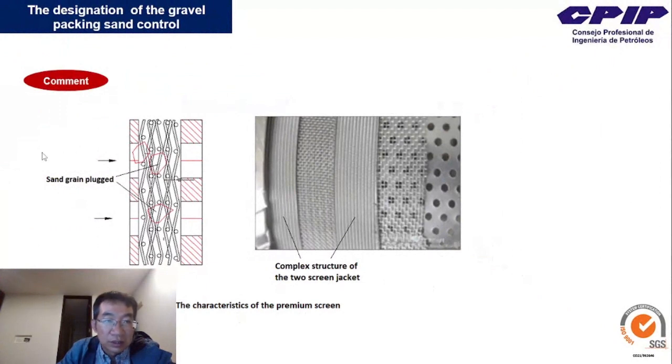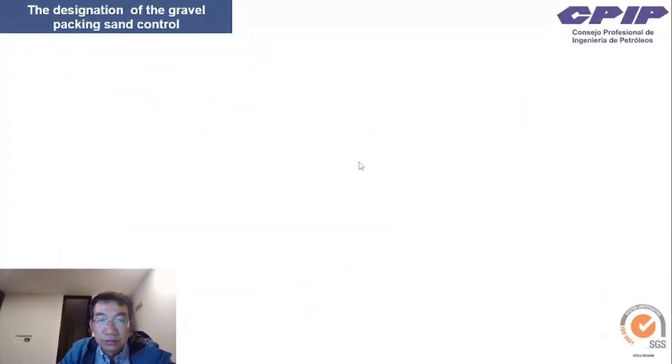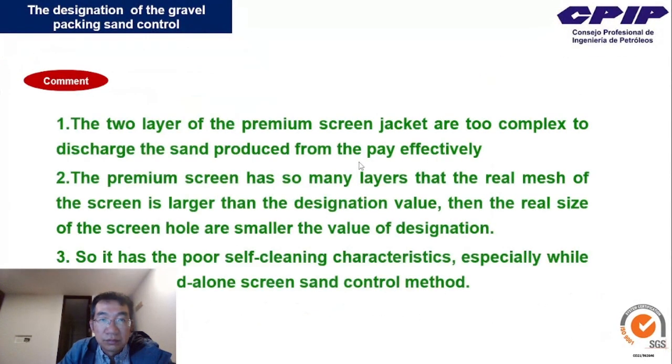Comment. The sand plug, just like this, the complex structure of the two screen jackets. The two layers of premium screen jacket are too complex to discharge the sand produced from the formation effectively.